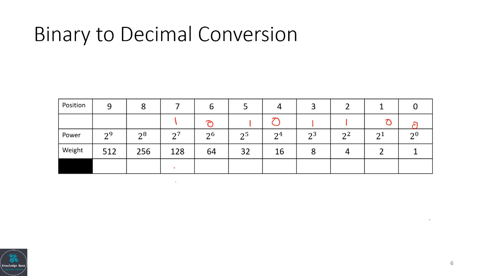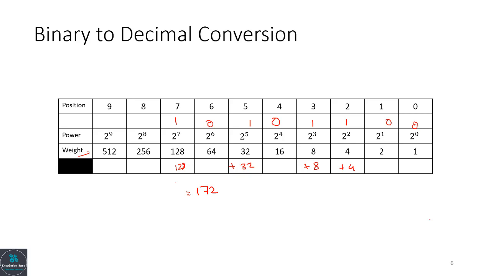So 128 plus 32 plus 8 plus 4, and the rest of the part will be 0. So 172. You can use this table, or you just have to remember the weightages and you can convert a binary number into its decimal number. Remember, we are discussing only positive integer numbers.